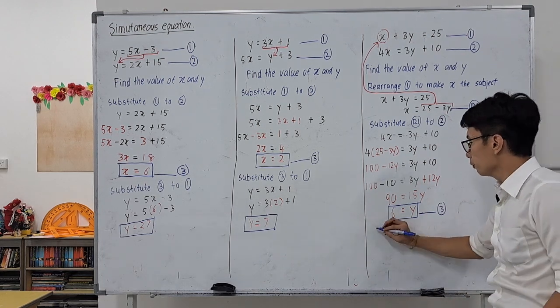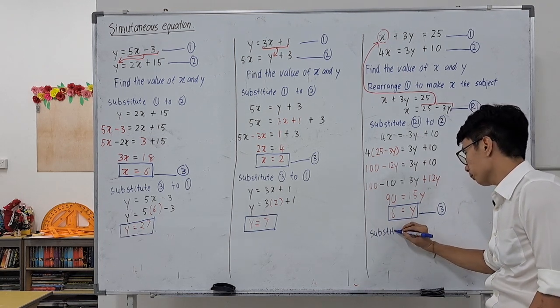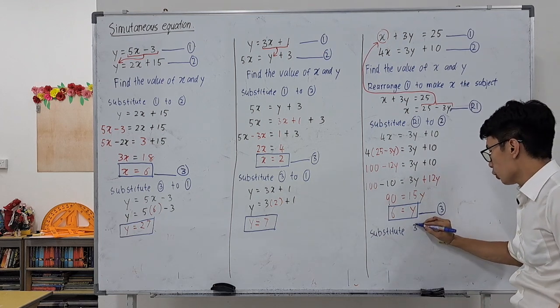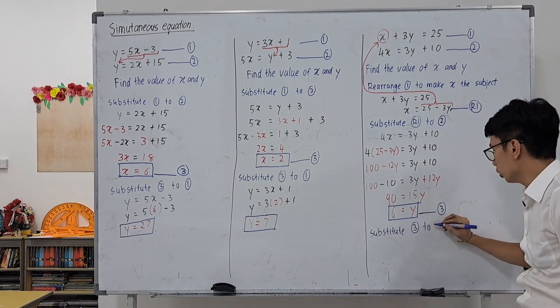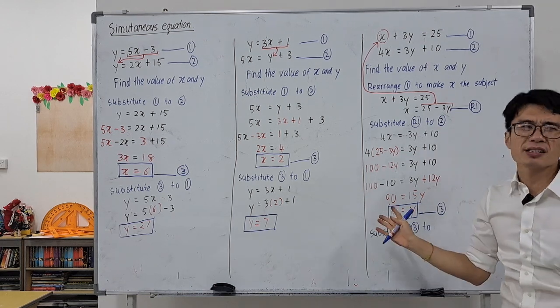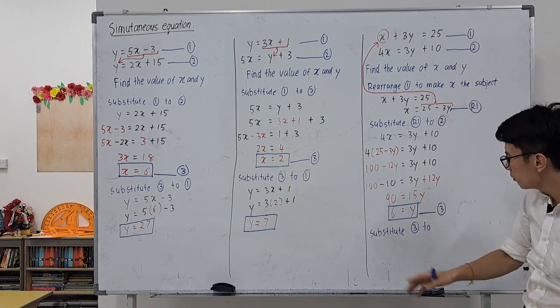So I'm going to substitute equation 3 to, let's just say, okay, now where do I want to put to? Everywhere is the same. You can put to this, you can put this, you can put this. It's going to be the same thing.